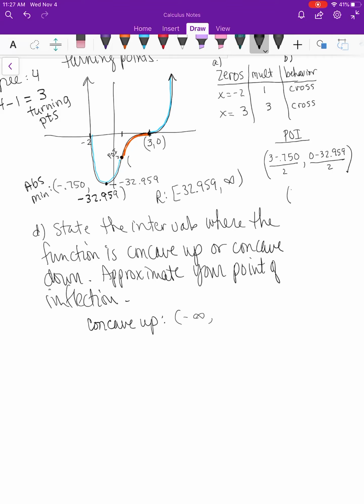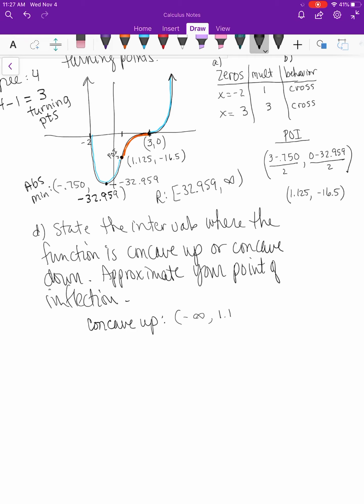And so this one's going to give me 1.125, comma, negative 16.5. So this point of inflection, 1.125, comma, negative 16.5.